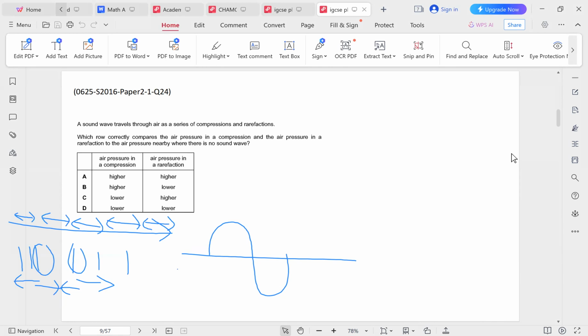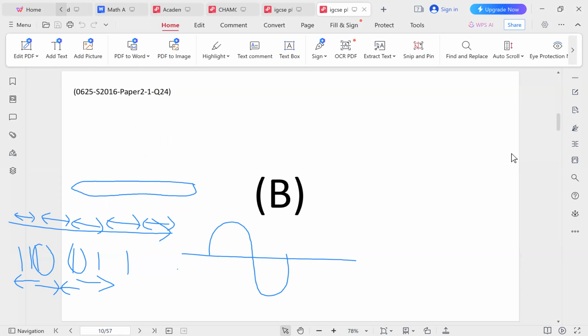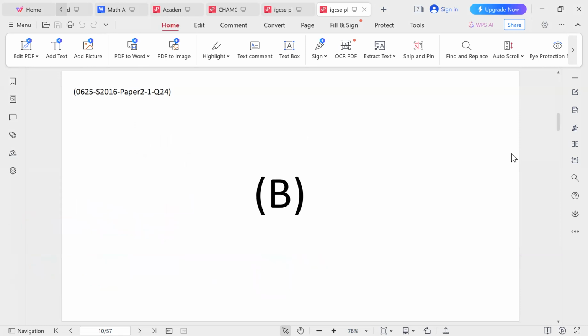Of course, in a compression, the particles are close together, so you have high air pressure. And in a rarefaction, the particles are far from each other, so you have lower air pressure. So therefore, we're going to go with choice B. Air pressure is higher in a compression and lower in a rarefaction. So this is the correct answer for this question.